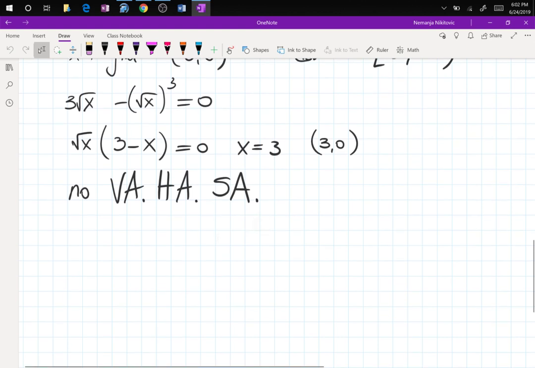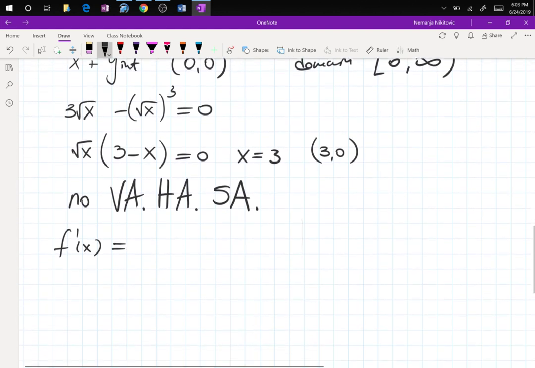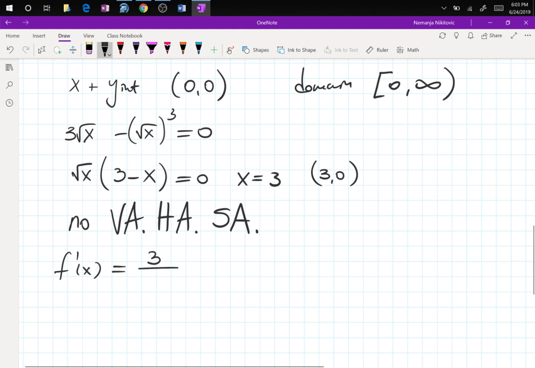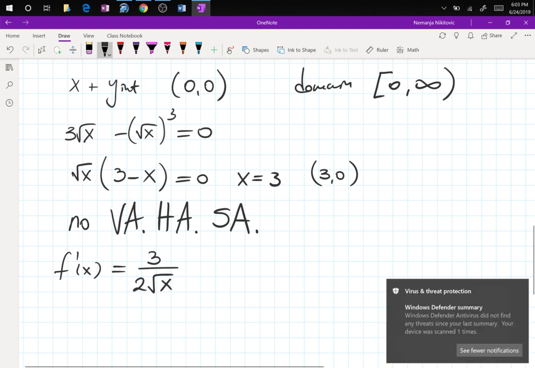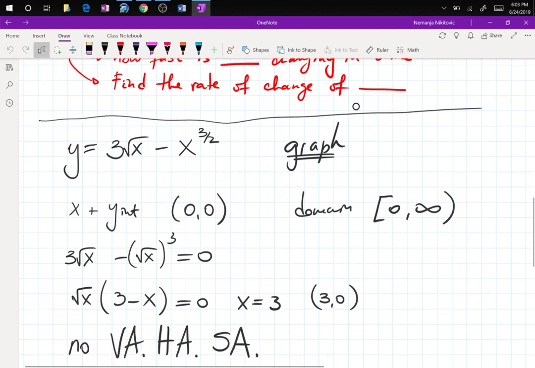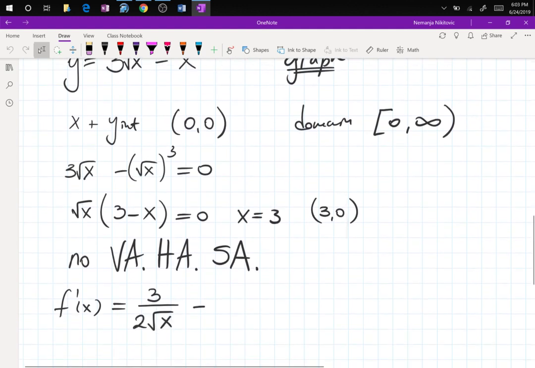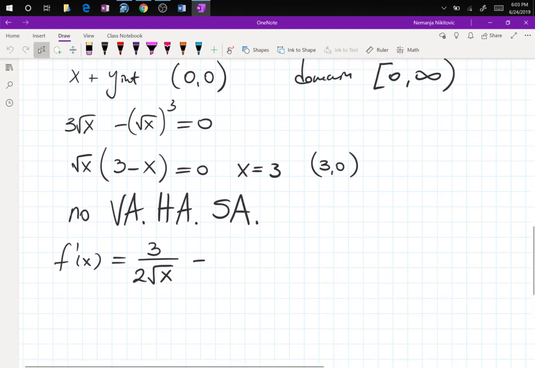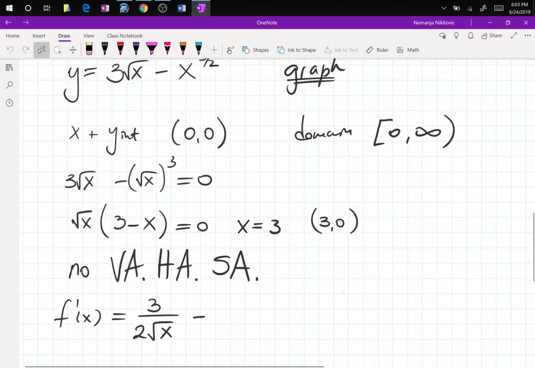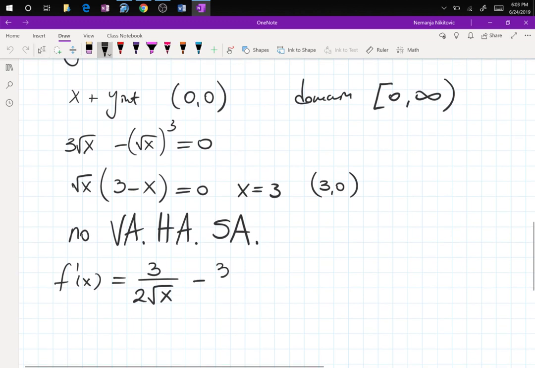And at this point, we are going to look for the first derivative test. So first derivative first. This is 3 divided by 2 root x minus 3 halves x to the one half, the square root of x.